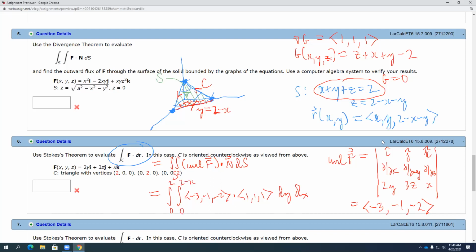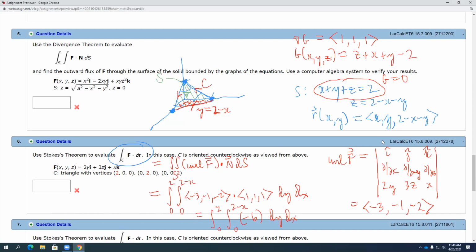That's exactly right. Now, here's what's interesting. Integral from 0 to 2, integral from 0 to 2 minus x. When I take this dot product, I get -3 minus 1 minus 2. I get -6, a constant, dy dx.